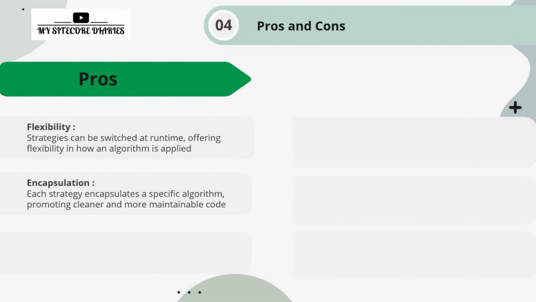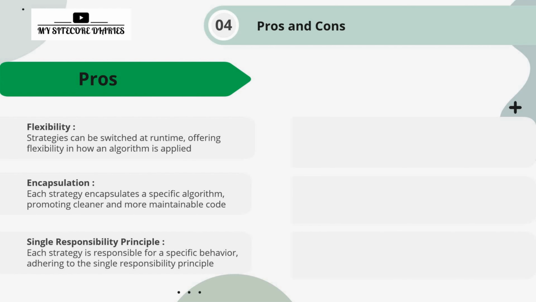The code is very clean and more maintainable. Single responsibility. Each strategy is responsible for a specific behavior, adhering to the single responsibility principle. Every strategy is made for a single feature or single functionality. So these are the pros.